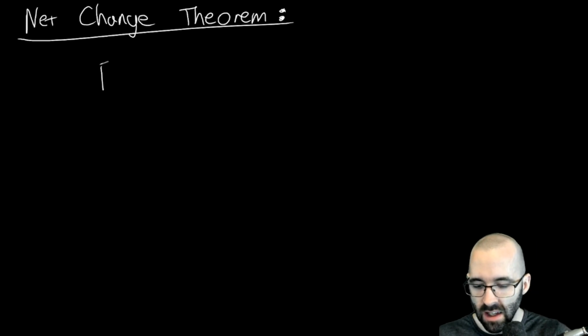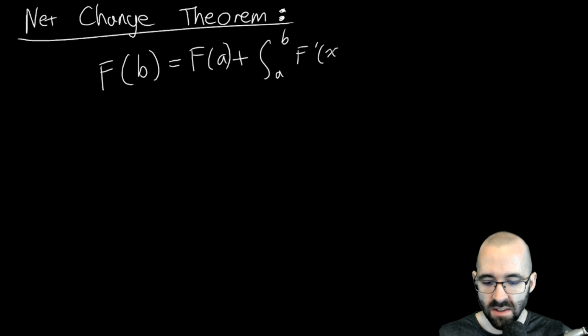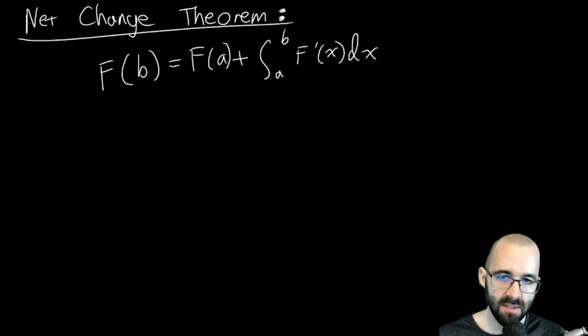And it says that f of b is equal to f of a plus the integral from a to b of f prime of x dx. That's the net change theorem.